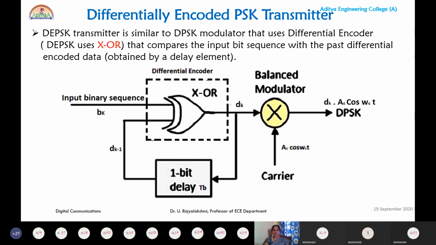Now, can any one of the students tell me the operating principle of XOR? In DPSK we used XNOR operation: for the same data bits the output is 1, and for different data bits, that is when BK is not equal to DK minus 1, the output is 0. Can any one of you tell me the operation of the XOR gate?